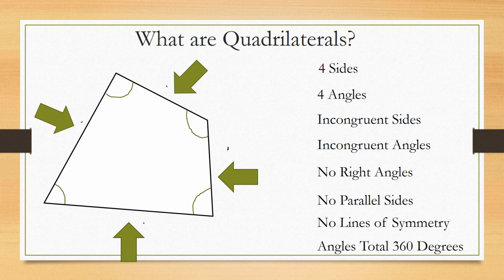That means none of the sides are of the same length. So we can check these off. Incongruent sides. The angles do not measure the same. There are no right angles, no parallel sides, no lines of symmetry anywhere, and all the angles total 360 degrees.